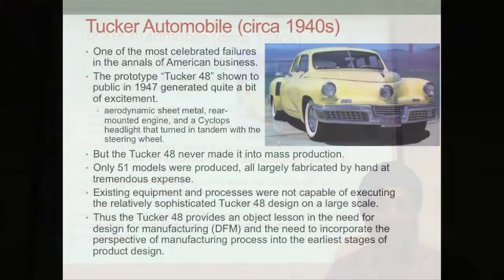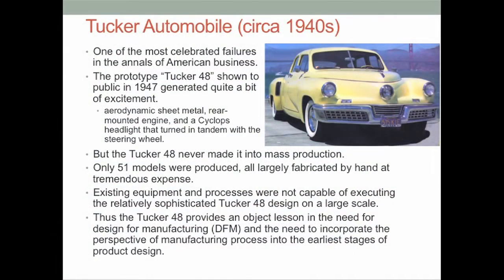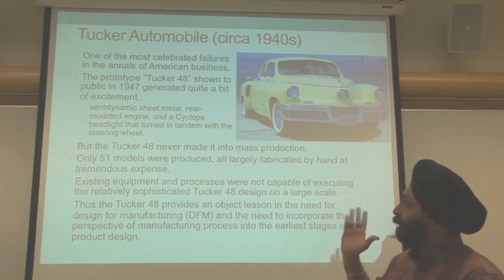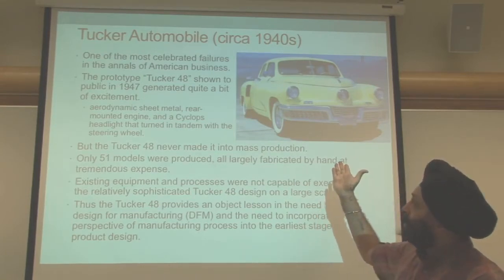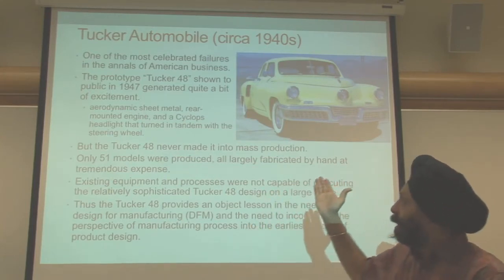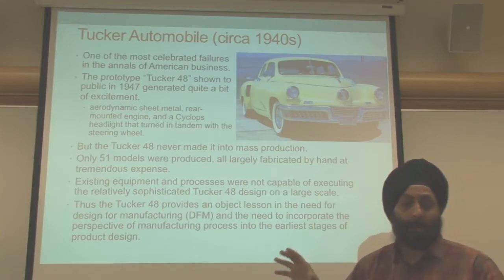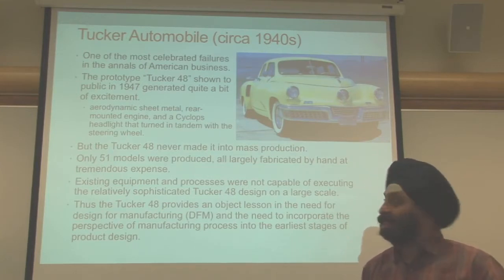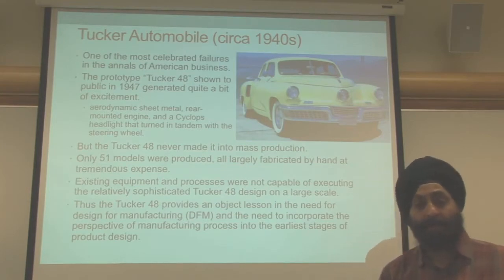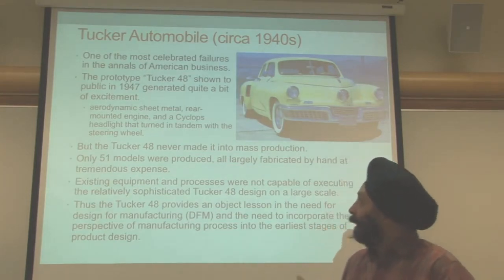If you look at an example from the past, Tucker Automobile, circa 1940s. This is one of the most celebrated failures in the annals of American business. If you look at this prototype of the Tucker 48, this classic car was released to the public in 1947, and it received a lot of excitement from the public.